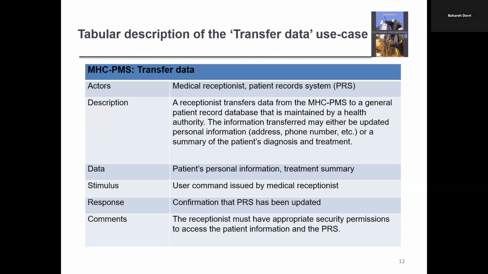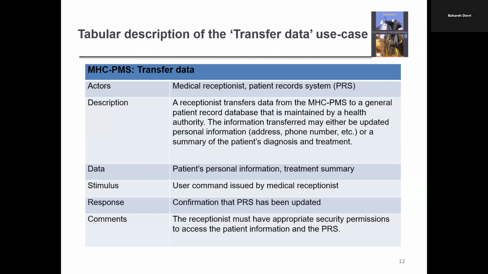The receptionist is sending patient information from MHC PMS to a central database, typically managed by a health authority. This could include updates to personal details like address or phone number, or medical data like diagnosis and treatment summaries. Next, we have data being transferred. This includes both the patient's personal information and a treatment summary.